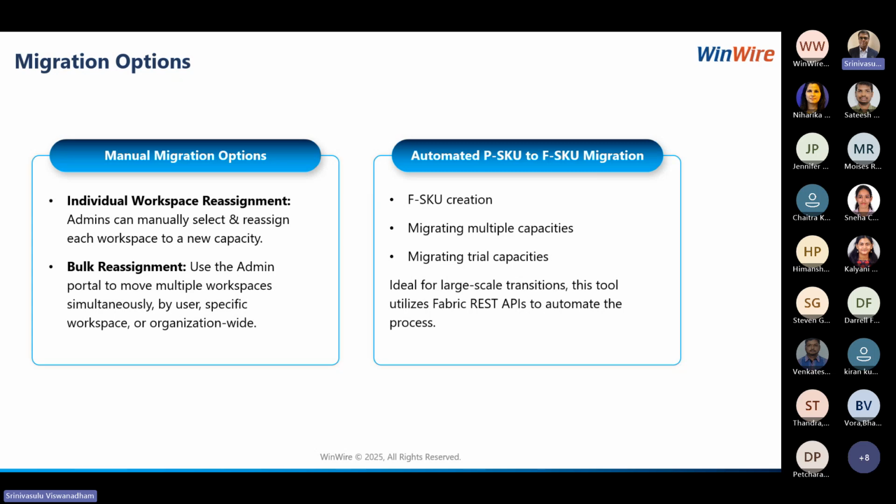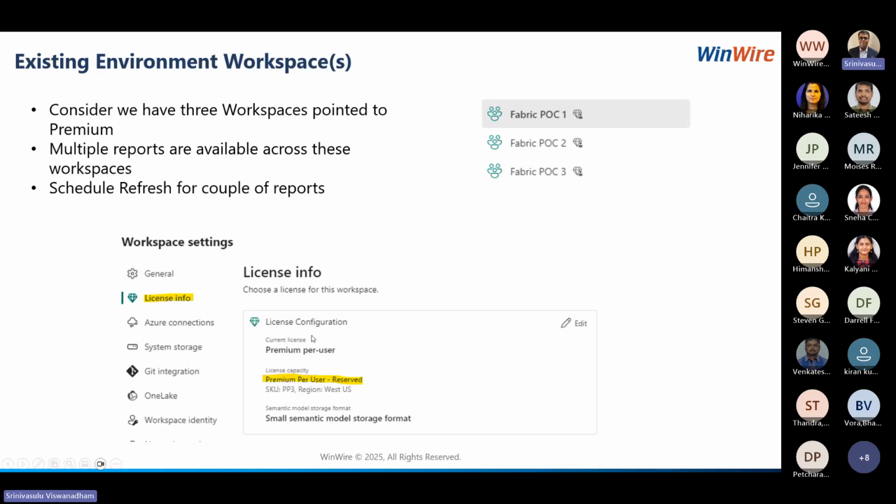We recommend this for large-scale implementations. Now, coming to the setup, I'm not going to go into detail about these demos, but I've captured screenshots, and this will give you a high-level gist of how you would focus on migrating.